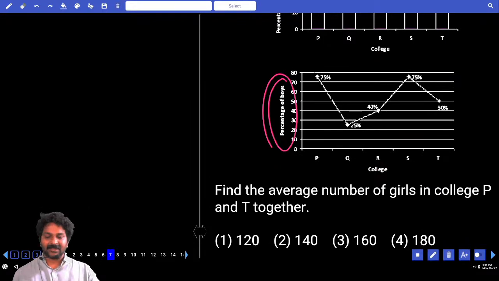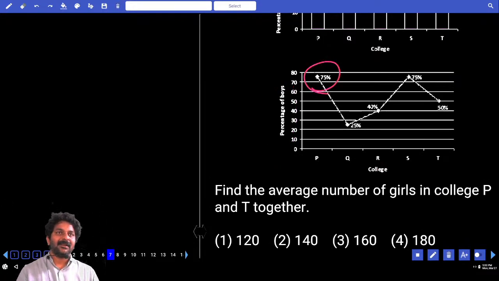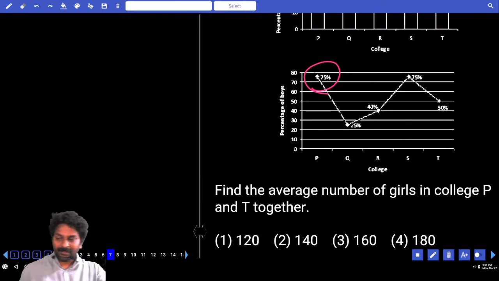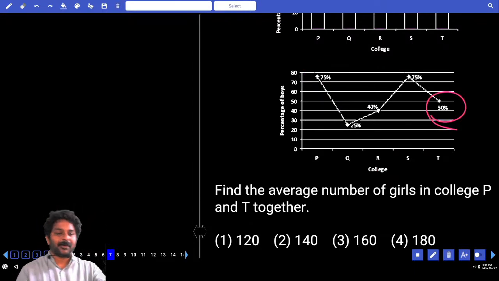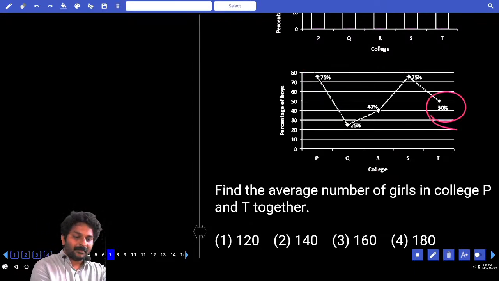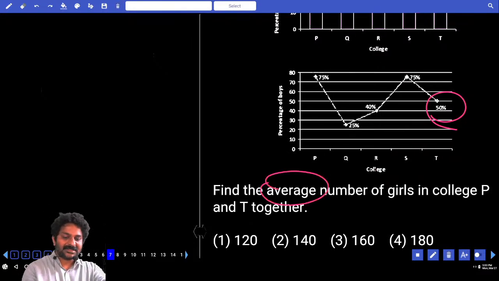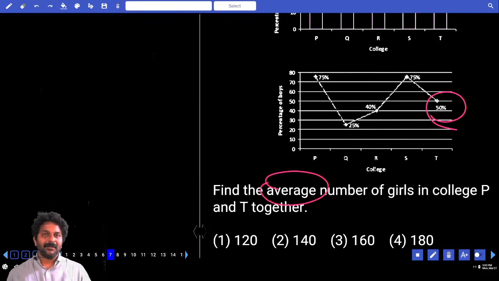Percentage of boys. The question is about girls. In P, 75% are boys, then girls are 1/4. In T, 50% are boys, 50% are girls. This is 40. This is 280. Total 320. Were you asked to calculate the total or the average? Average in the sense by 2 only. Answer 160.